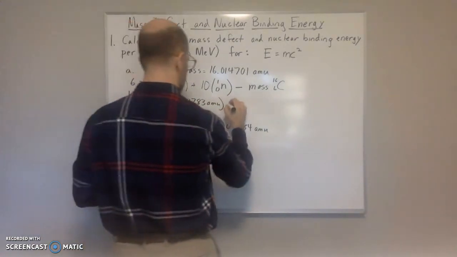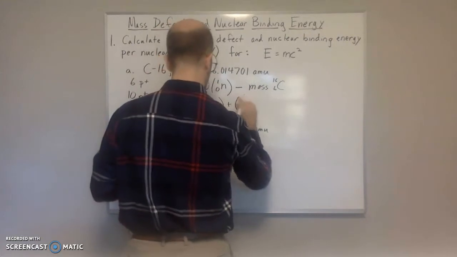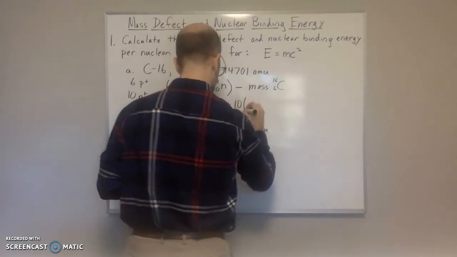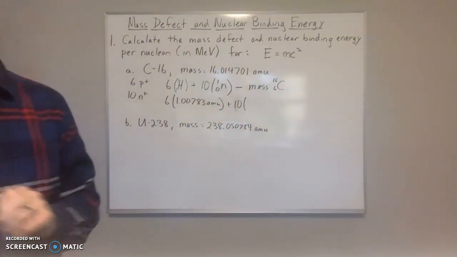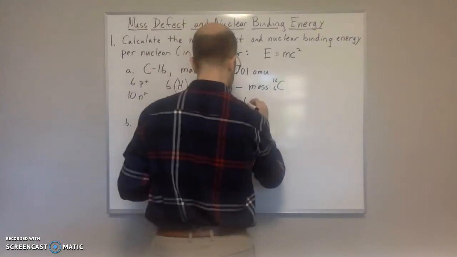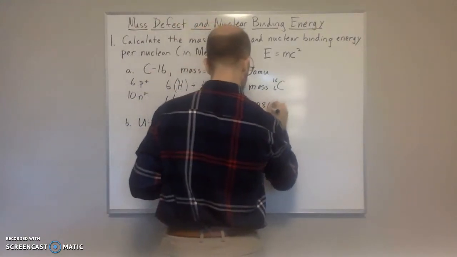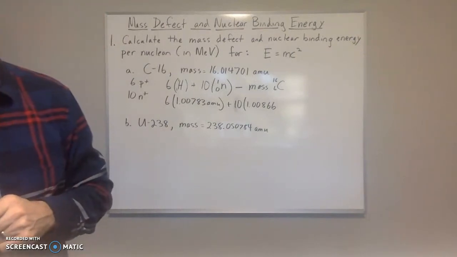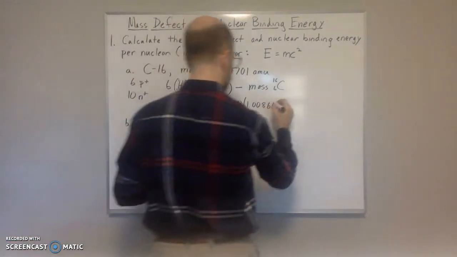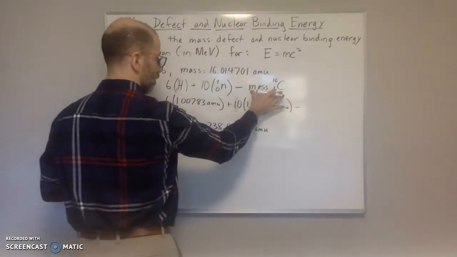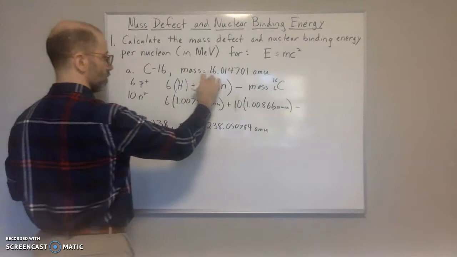Okay, we're going to add to that 10 neutrons, and the mass of a neutron is 1.00866 AMUs. And we're going to subtract out the mass of our C16, which is this right here.